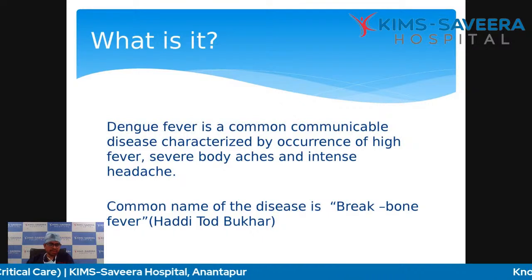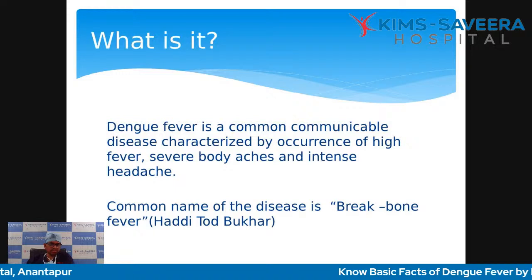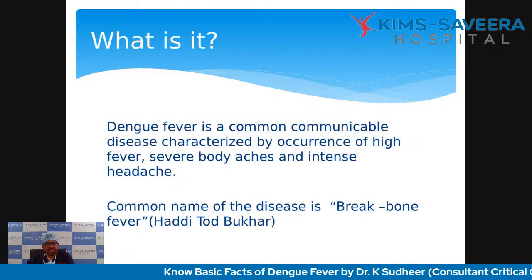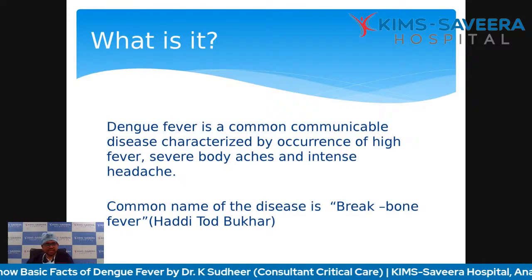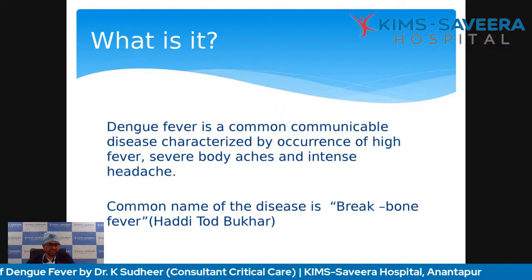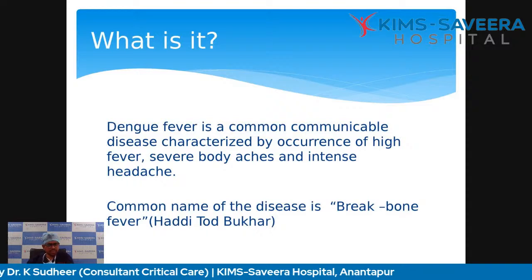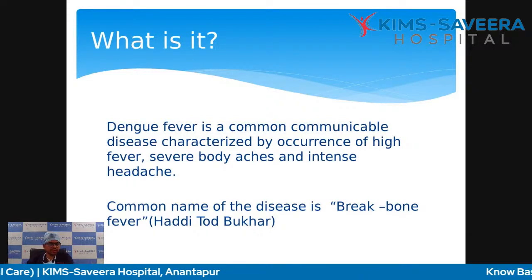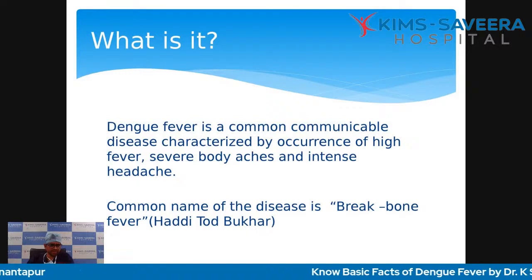It causes severe pain in the long bones, and the headache is classically retroorbital. They will complain, sir, I am getting very intense pain behind my eyes. This is the common description patients give in classical dengue fever.